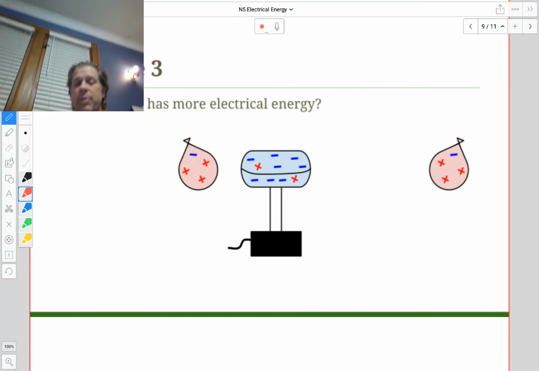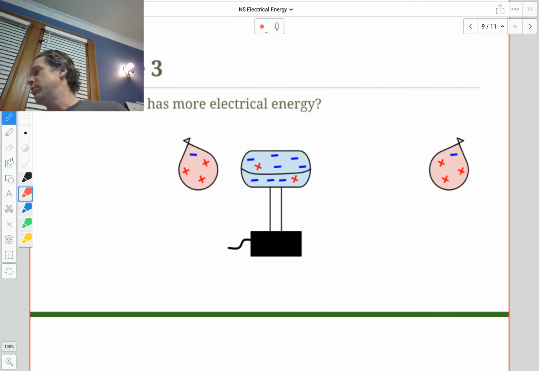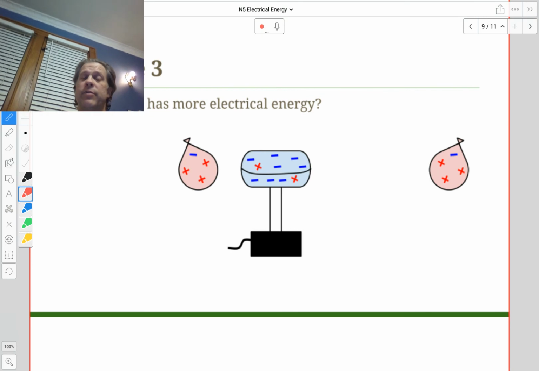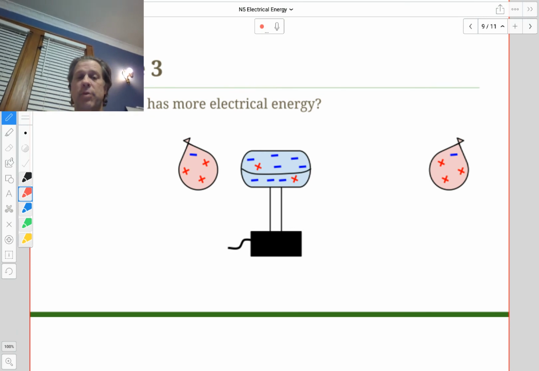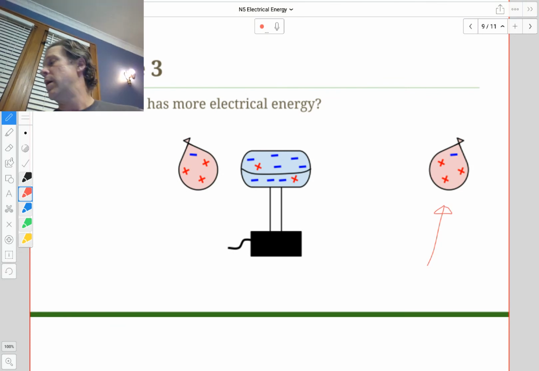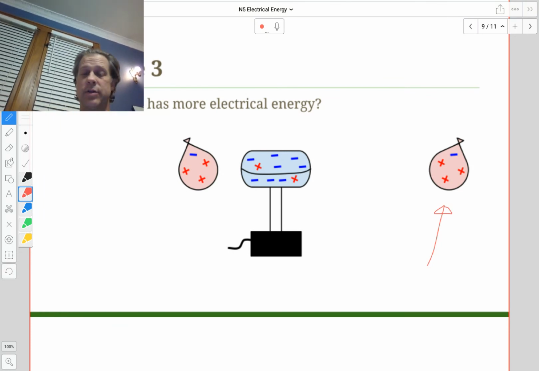In example number 3, we're trying to decide which balloon has more energy. We're looking at these balloons. They both have 1 negative charge and they both have 3 positive charges, but one of the rules says that the farther opposite charges have more electrical energy.